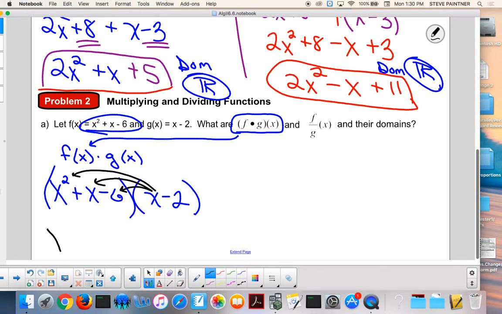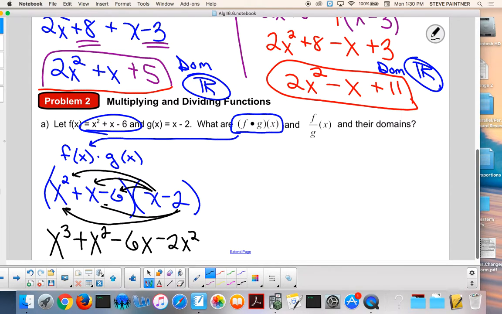You would get x cubed plus x squared minus what? 6x. Okay, are you done? No, you gotta do the negative 2, right? Times this. Negative 2x squared times this. And then finally this one, plus 12.